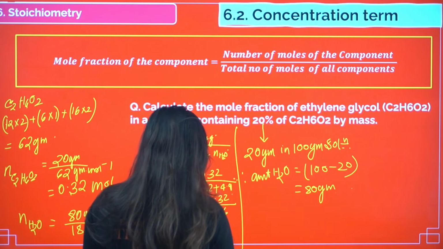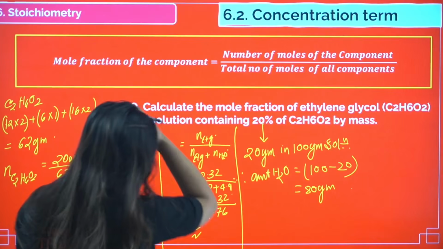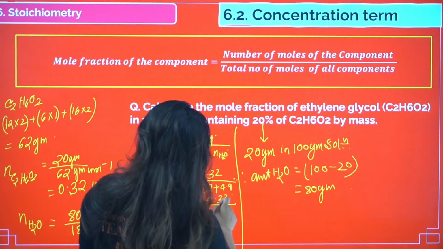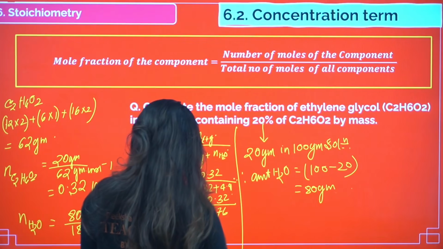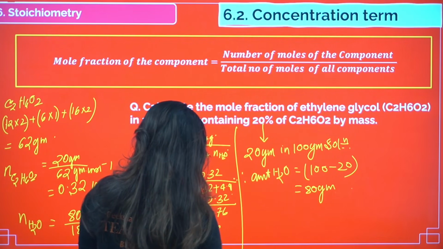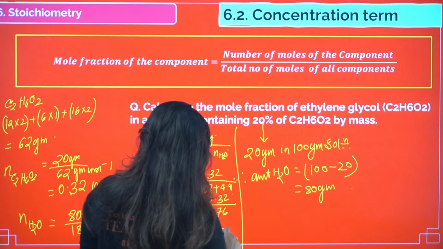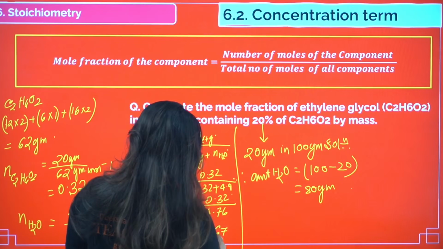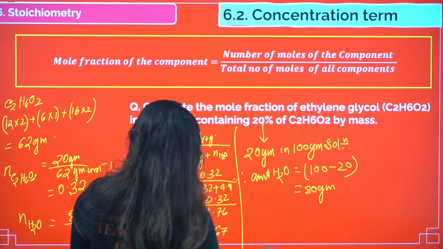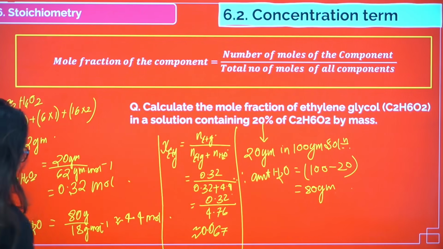If you just find out this thing, 0.32 divided by 4.76, I can proceed with some 6.7 I guess. And if I just shift the decimal, 0.067, that's it, I can get out of it.